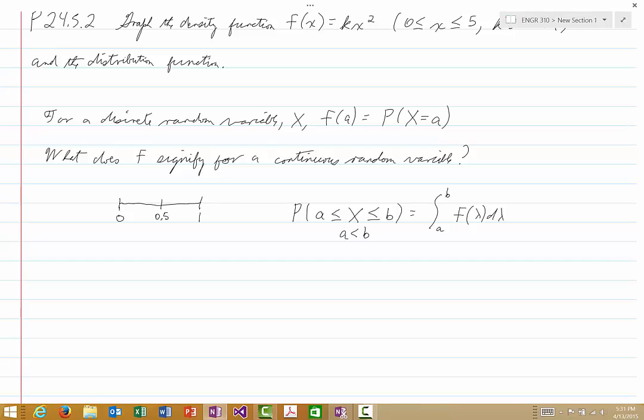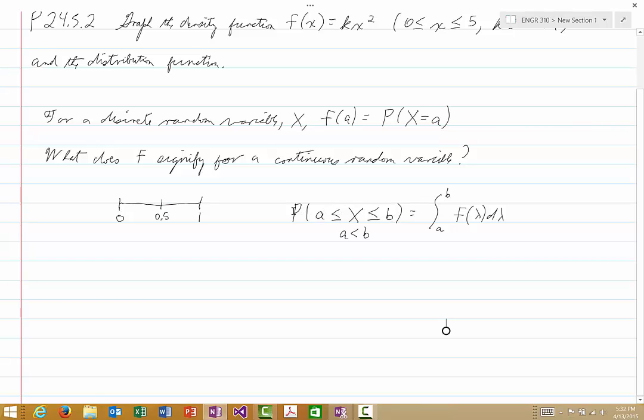And one more comment here. Notice that, since x is a continuous random variable, it's not really very important whether we have less than or equal to here or strictly less than, because the probability that x is exactly equal to A or that x is exactly equal to B is 0.